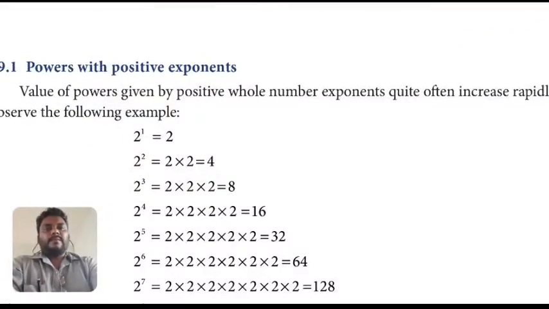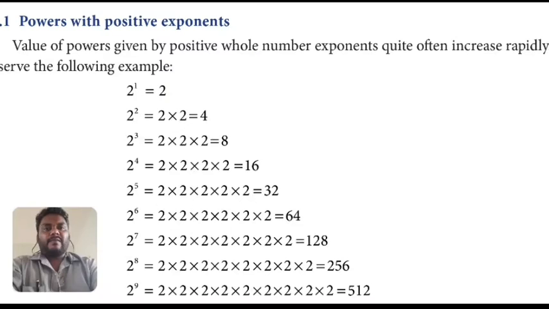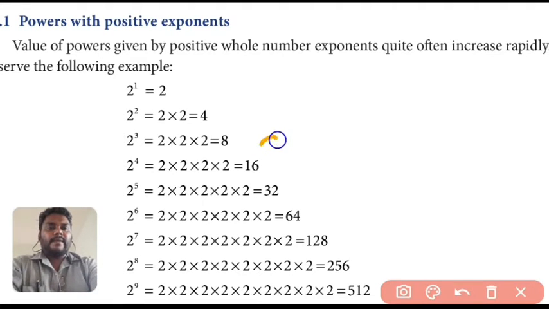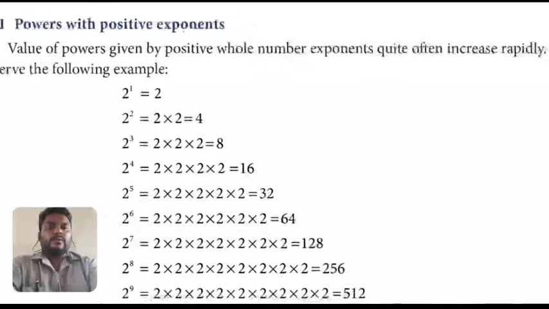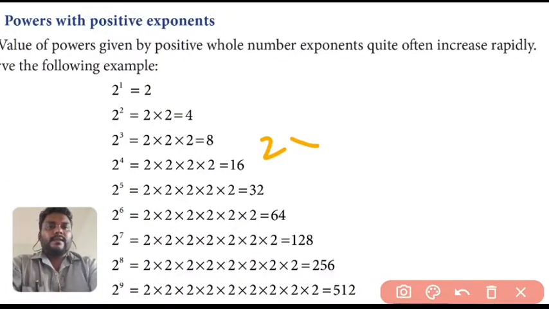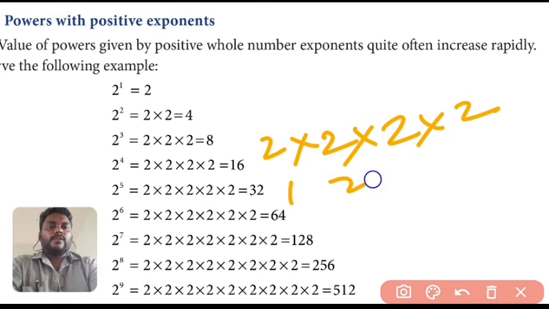Now, powers with positive exponents. Power 1 means the number once. Power 2 means we multiply the number twice. Power 3 means we multiply 3 times, so 2 cube equals 2 power 3, where we multiply 2 three times. 2 power 4 means 2 into 2 into 2 into 2, 4 times: 1, 2, 3, 4.